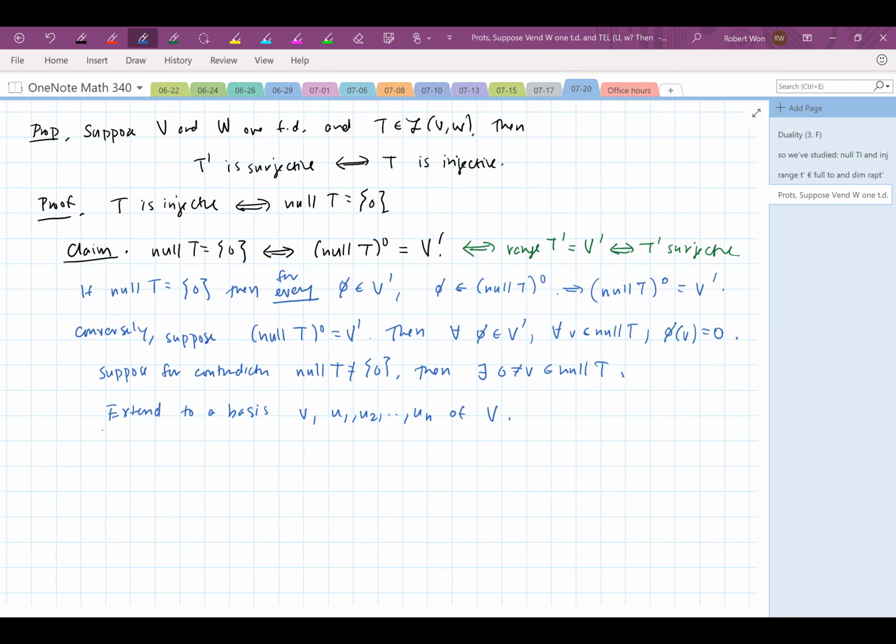Okay. So define a functional phi such that phi of V equals 1 and phi of uj equals 0 for all j.